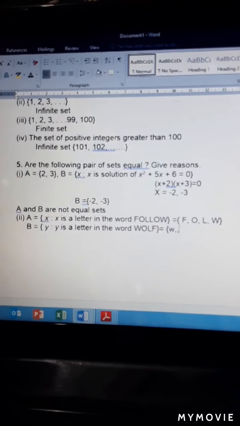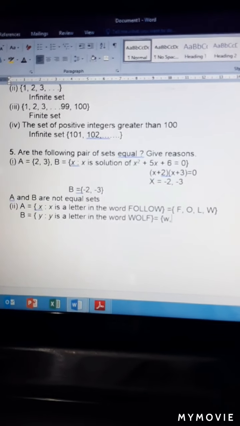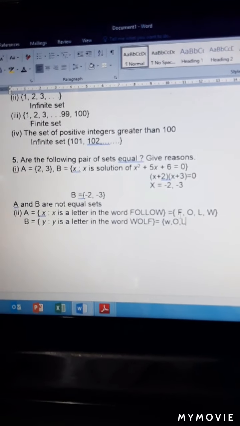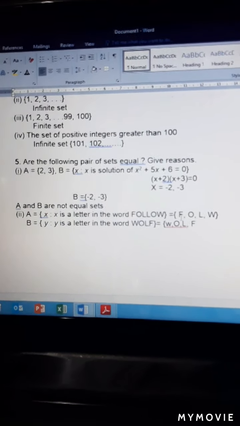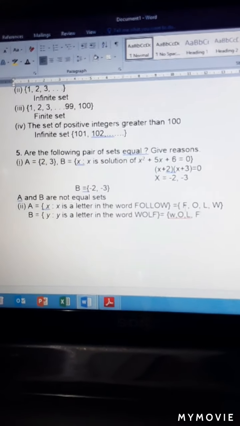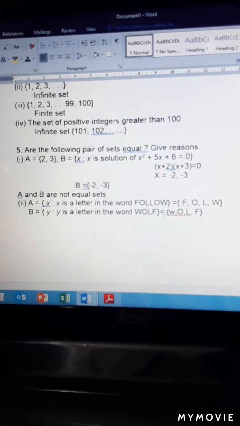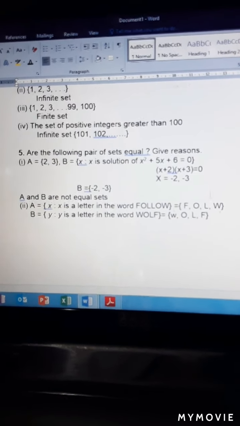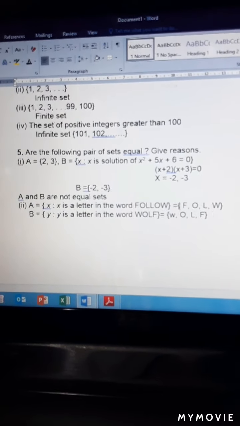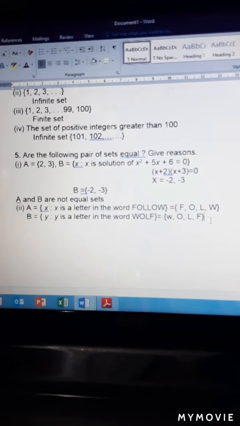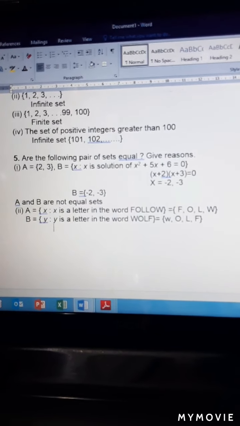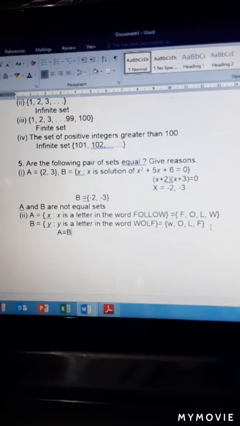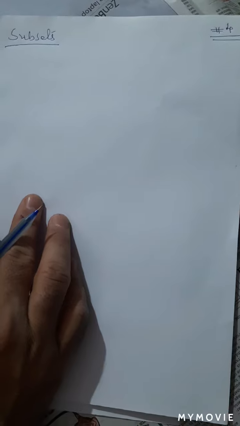W, then next O, next L, and next F. So this set also consists of these 4 members: W, O, L and F, and you know that these two are equal. So here you can say that A equals B. These two sets are equal.